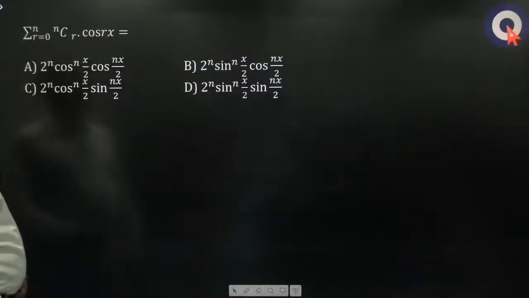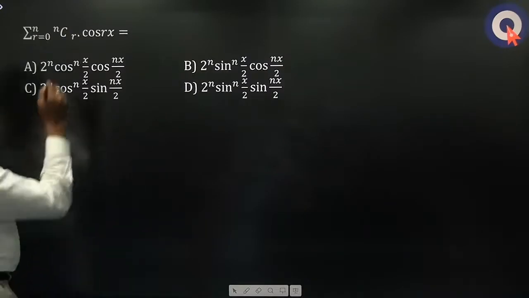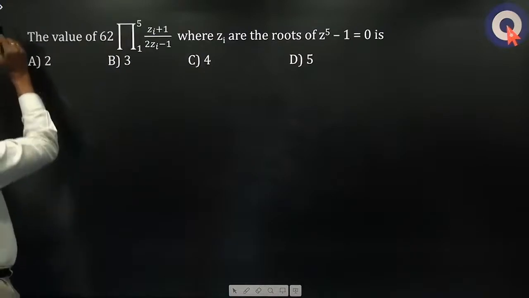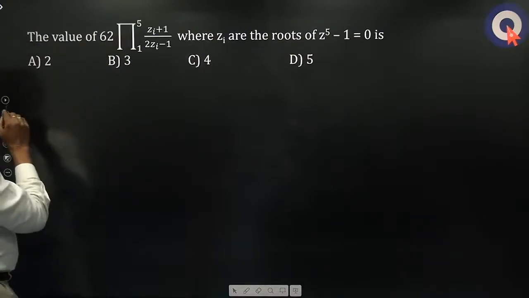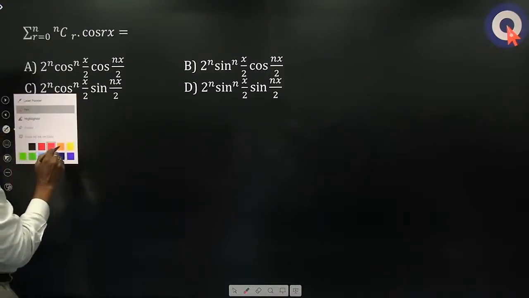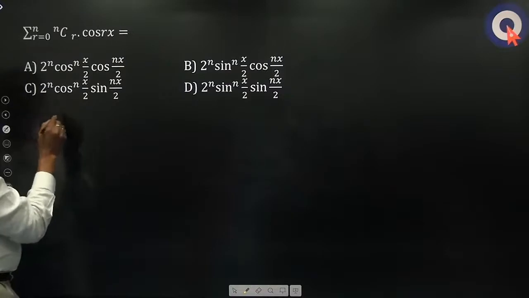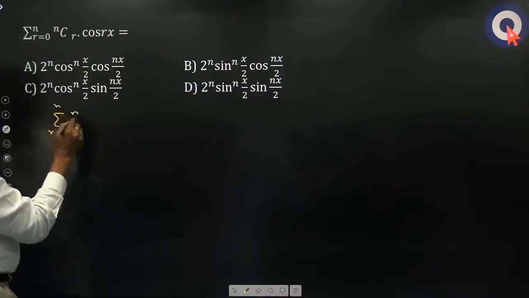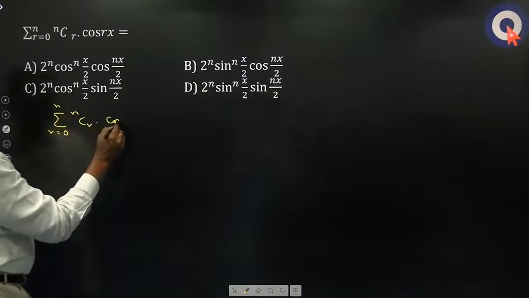Sigma r is equal to 0 to n nCr cos rx. Let us see. We can write this as sigma r is equal to 0 to n nCr into cos rx.